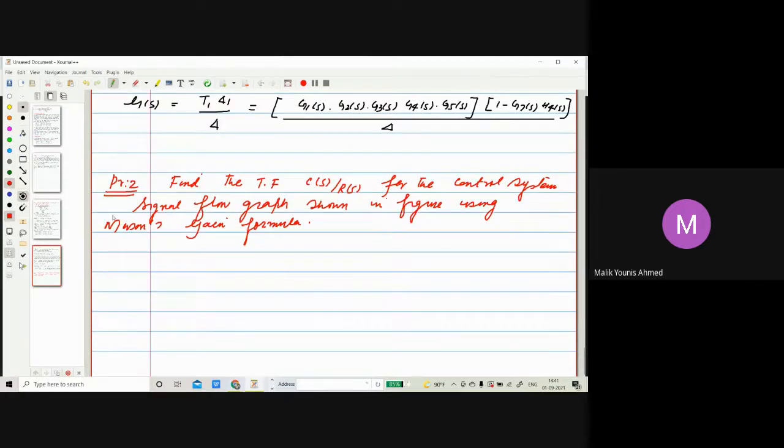I'll draw the diagram. Sorry, it's red. Okay. Okay, just a second. Okay.